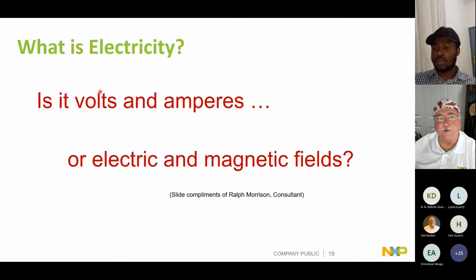When you hook your voltmeter to the circuit board, it takes a finite amount of time for the field density in the space between the leads to match the field density on the circuit board. It takes milliseconds before there's actually voltage, which is field density per cubic volume in that space. So it's not instant, and that's the first missing link in circuit theory.